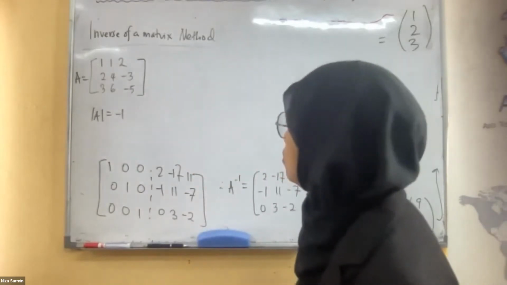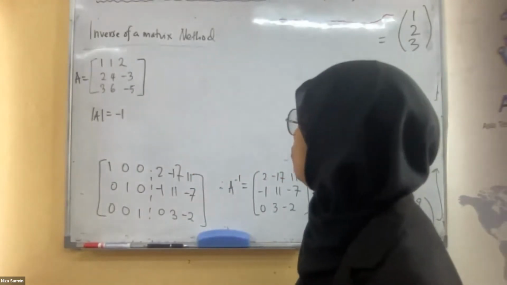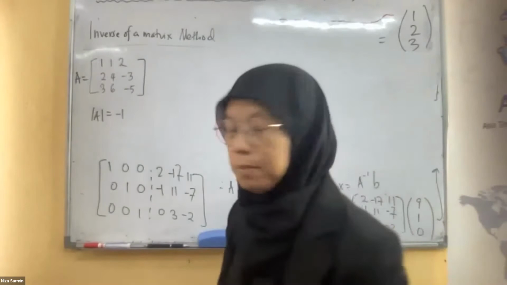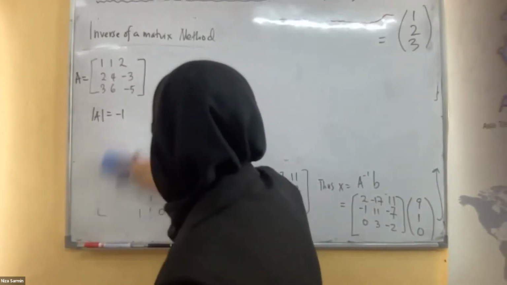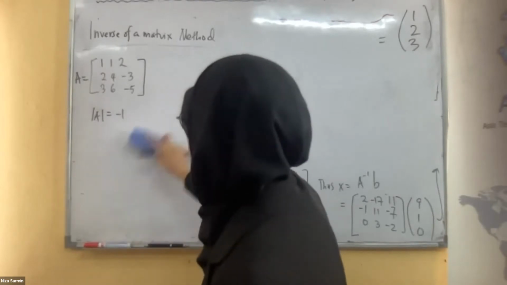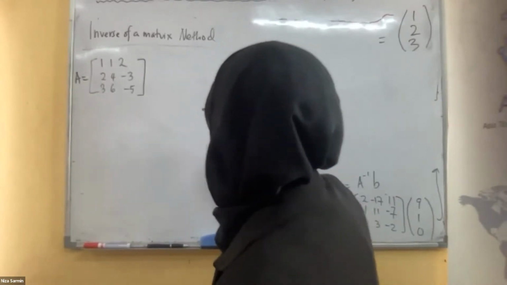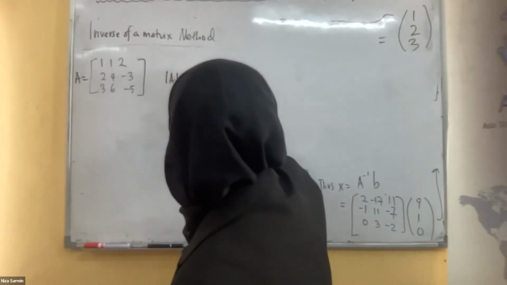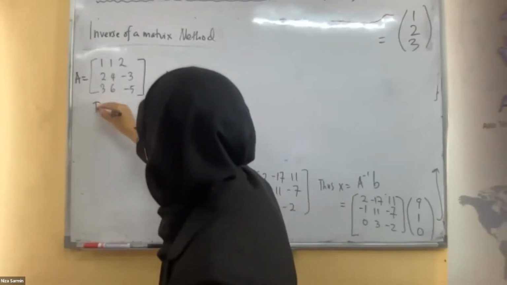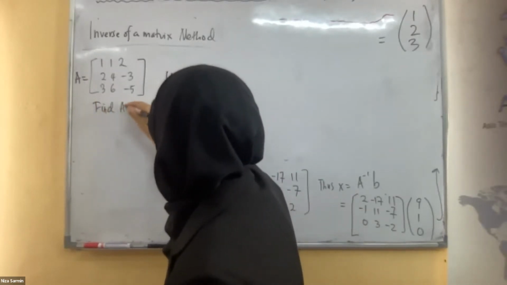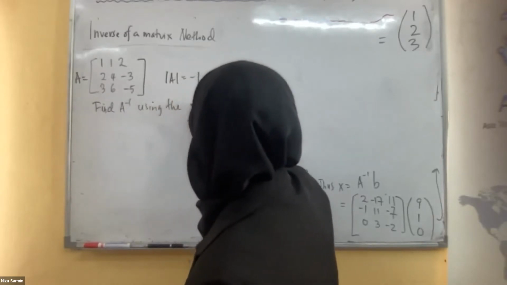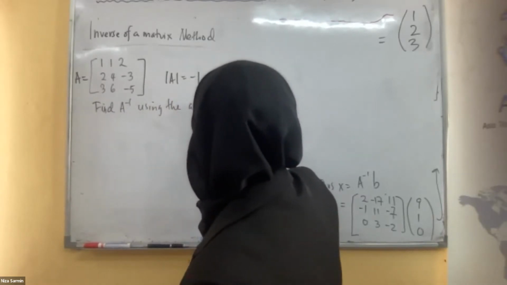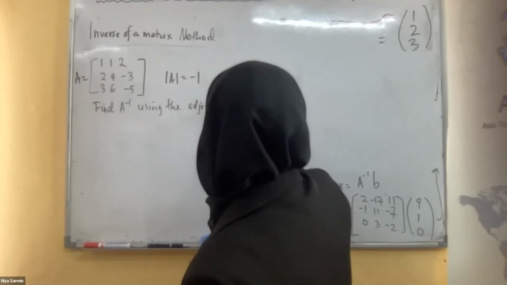Okay. Now you can find the cofactor, right? Remember, we find the cofactor. I don't want to erase all, but let me put this over here. Okay, find A inverse using the adjoint method.